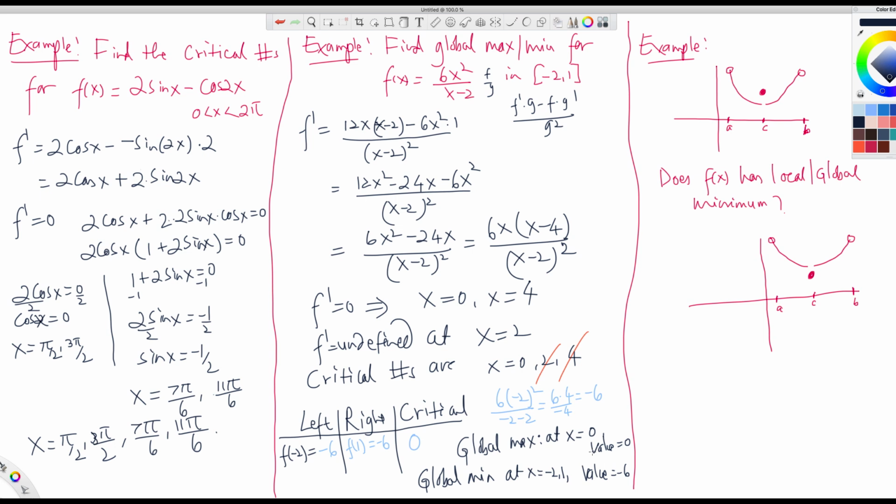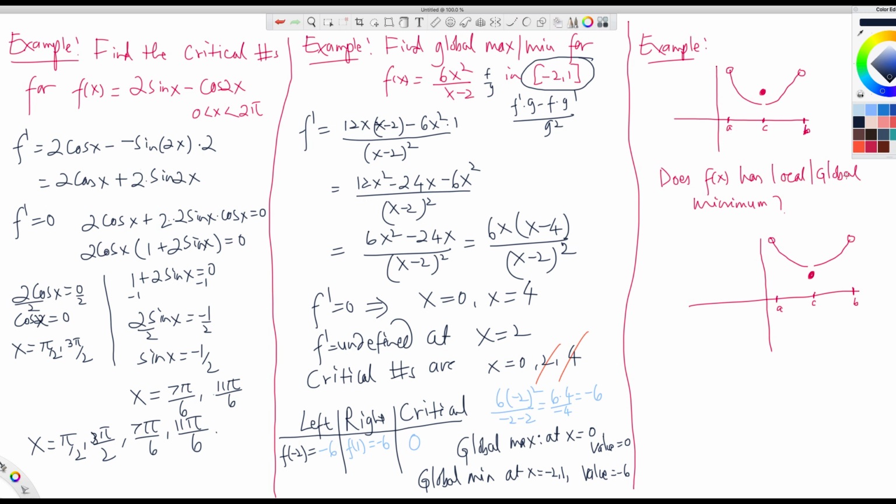After you do that, you plug all the critical numbers and all the endpoints into the original given function, and then see which one is the maximum and which one is the minimum. In that way you will find the global max or global min. But when you plug in the critical numbers, plug in only those critical numbers that lie in the given interval or the given domain. Okay, let us look at the last example of this section.